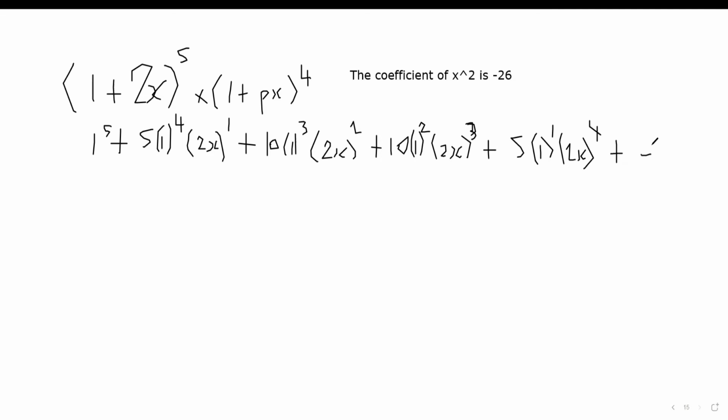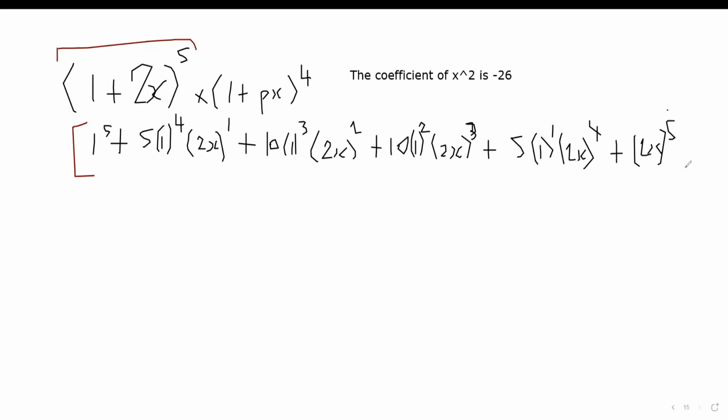So that's what you would end up getting when you expand this, 1 plus 2x to the 5th. All right, that's that part right there.